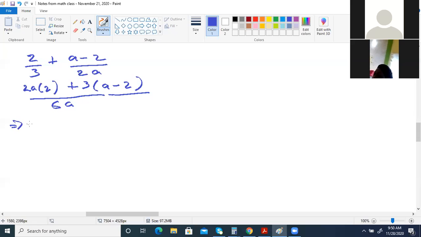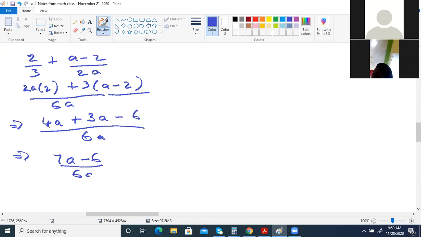So we have 4a plus 3a, sorry, and then minus 6, so yeah, all over 6a. So we'll simplify now, we'll get 7a minus 6 over 6a, right?